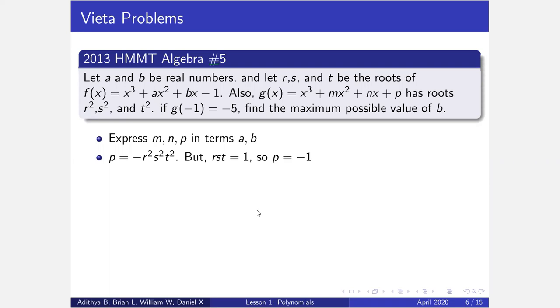Okay, people want to express M next. So once again, by Vieta's, we have that M is equal to negative R squared minus S squared minus T squared. To express this in terms of A and B, we see that R squared plus S squared plus T squared is equal to R plus S plus T squared minus 2 times RS plus ST plus RT, which is equal to A squared minus 2B.